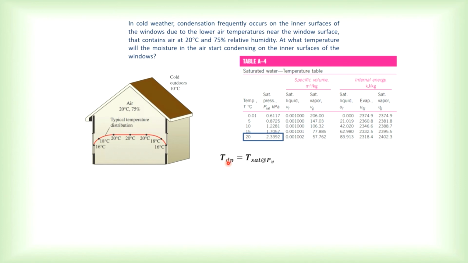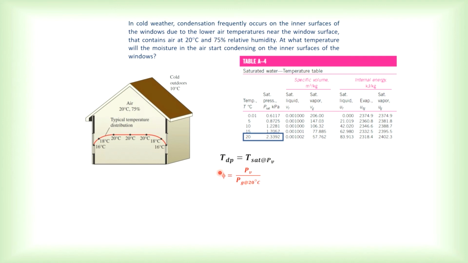The dew point temperature is the saturation temperature at the pressure P_V. Relative humidity equals P_V over P_G. I've given you this formula before, remember? This P_G should be based on the DBT of 20 degrees C, which is 2.3392, and the relative humidity given is 75%.